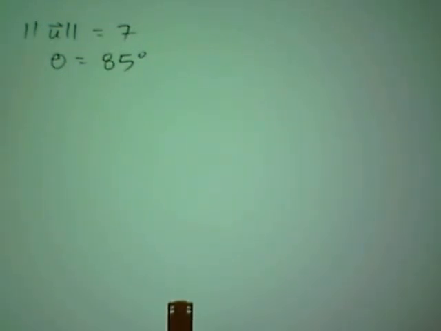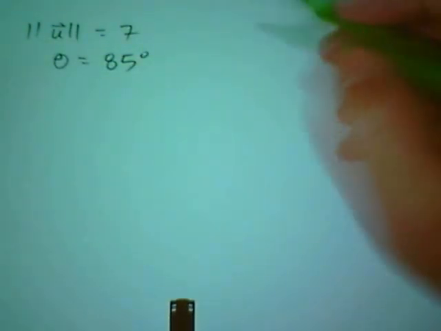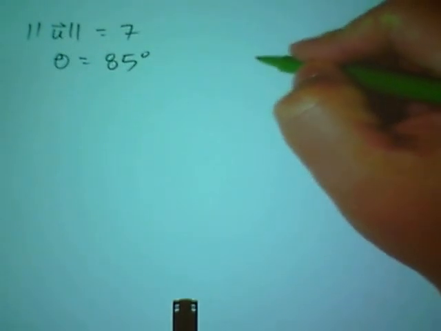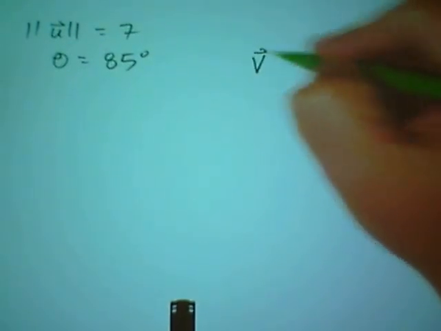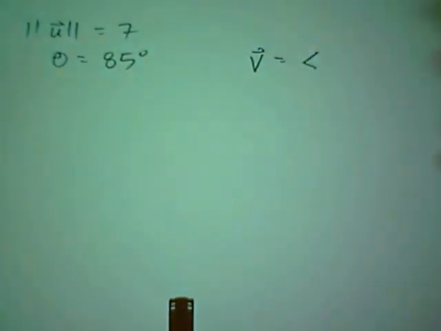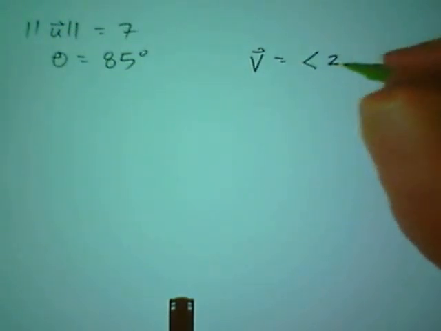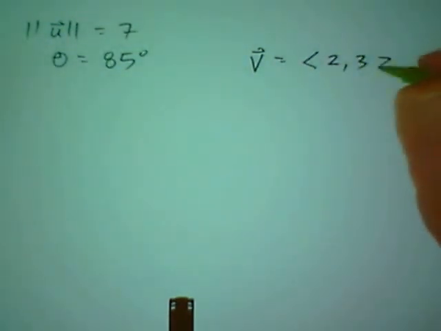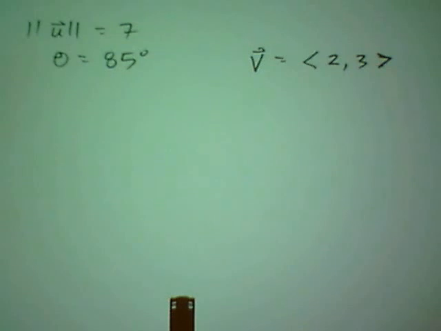There are really 3 different ways that we can define vectors. Let me do a quick example. Say I have a vector v. One of the ways is with these pointy brackets: the vector ⟨2, 3⟩. Once again, a vector has both a magnitude and a direction.